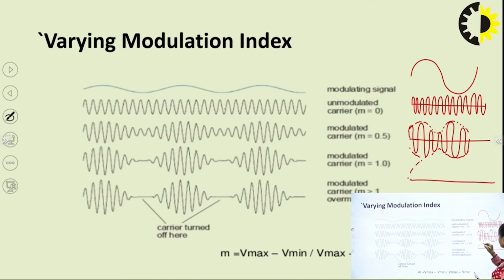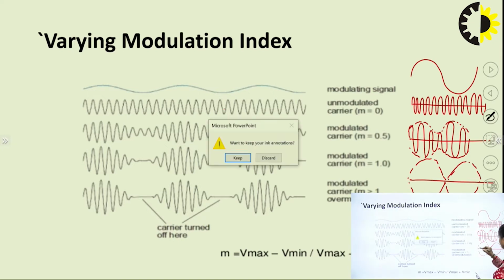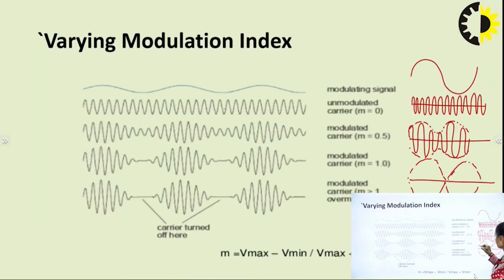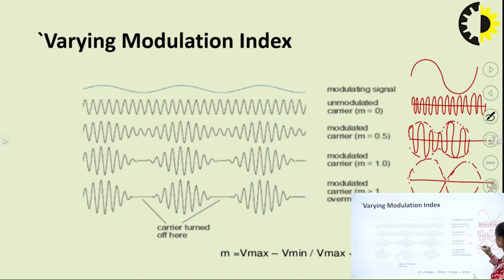In case of 100% modulation, my V min reduces to 0. In case of over modulation, what occurs?